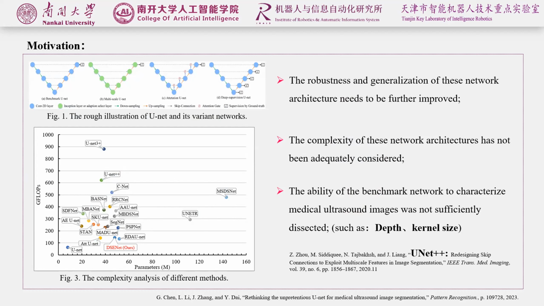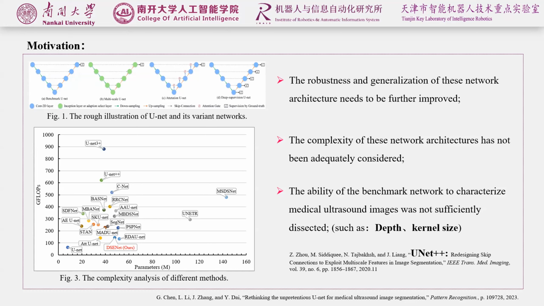Second, the complexity of this network has not been adequately considered. In Figure 3, we demonstrate the complexity and size of 19 variants. As in Figure 3, all these variants significantly increase the computational cost compared to the original UNet.